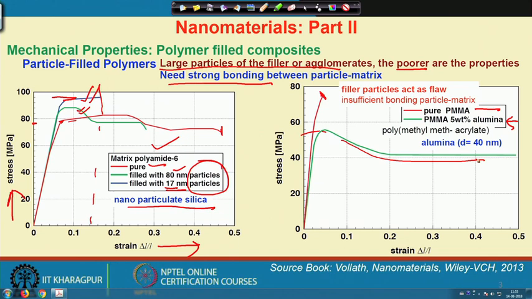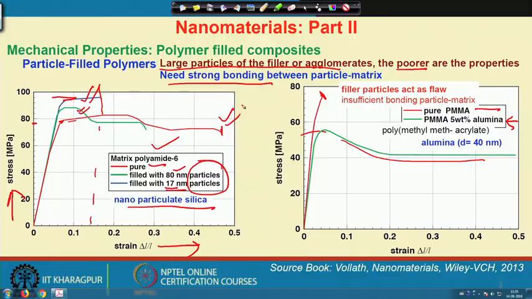So, this is an adverse situation compared to what we expect, and therefore the strengthening mechanism involved is important. Not all the time do we get what we expect.